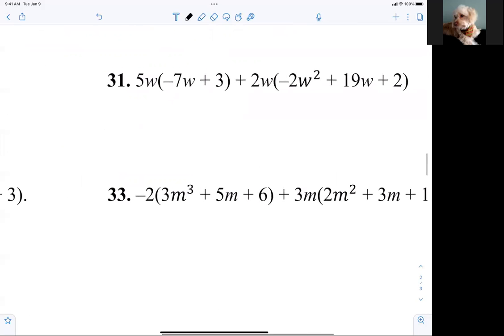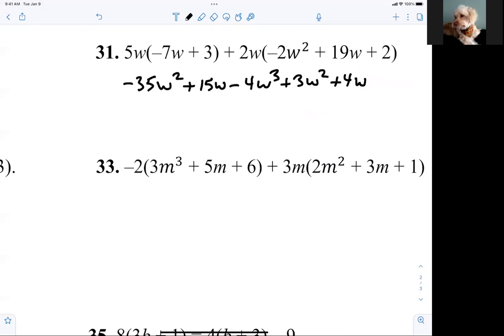Alright, negative 35w squared plus 15w minus 4w cubed plus 38w squared. Nice work, plus 4w. Nice work. Okay. And start with the largest exponent. Okay, so negative 35w squared. Nope. I don't know, I was minus something.